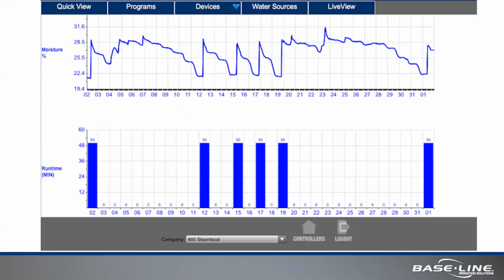So when this strategy is applied and utilized, this is a moisture graph of a system during August of 2015 in the high deserts of Utah, where there were extreme temperatures and quite a bit of thunderstorm activity that occurred during that month-long period.